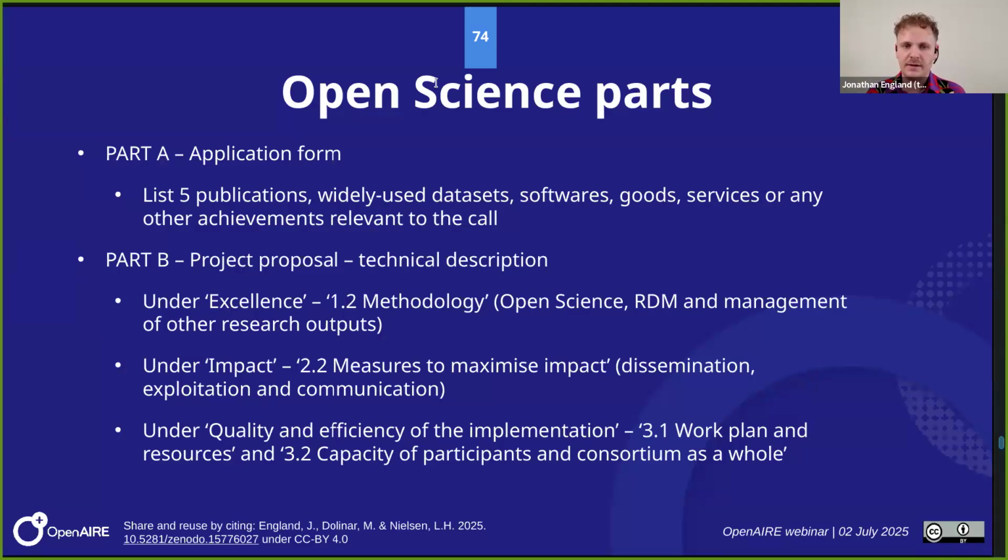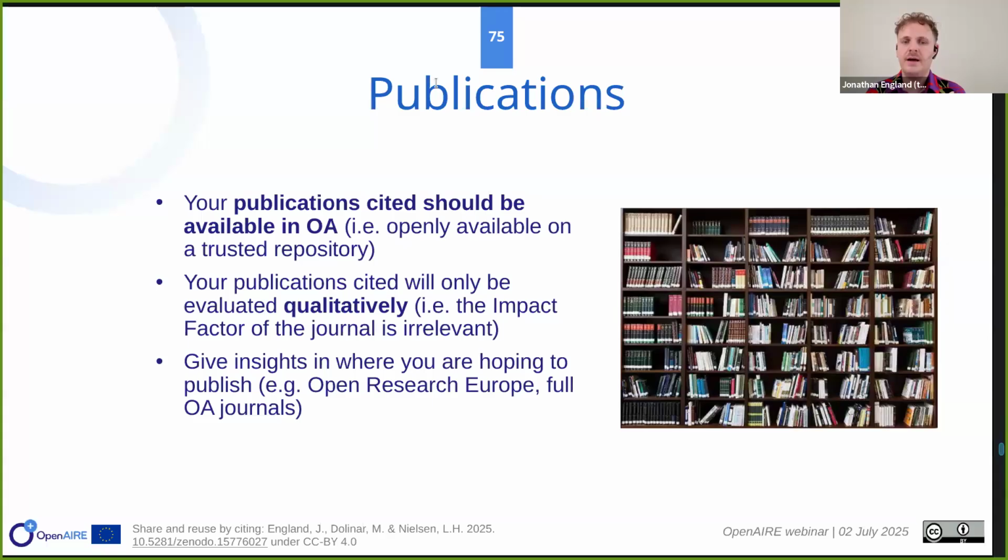So here is where the different parts appear in terms of link to open science in the grant proposal. In terms of the publications, the publication you cite should be available in open access.